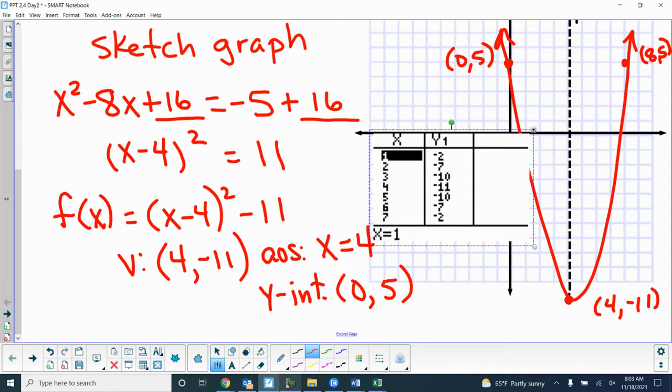Well, it's just one of those numbers. Which of those two numbers is it? It's the -11. It's the y value. Okay? So when you're asked that type of problem, which you will be asked on the quiz, and you had that for your homework, you're finding the vertex, and then the y value of the vertex is the answer.